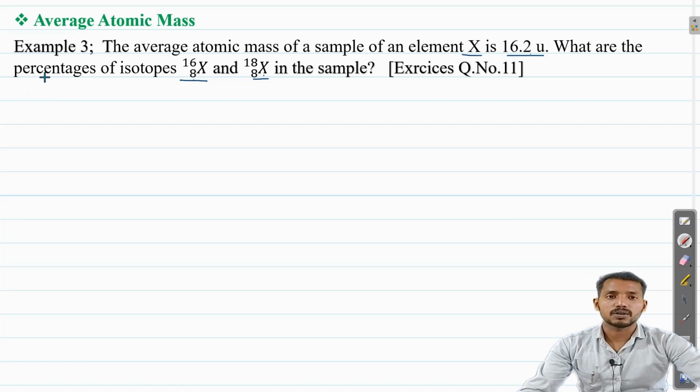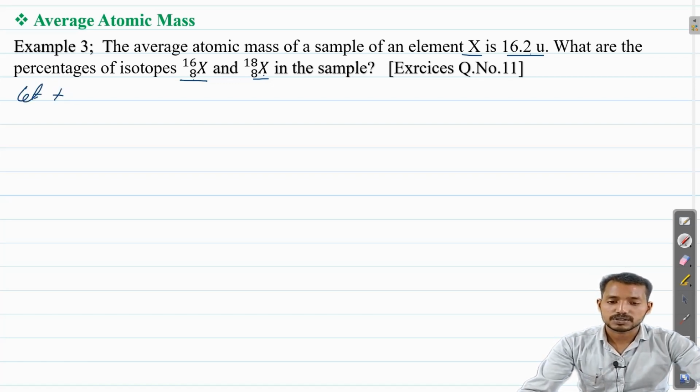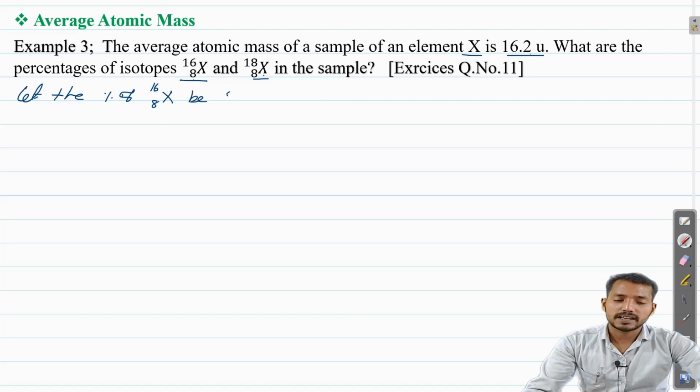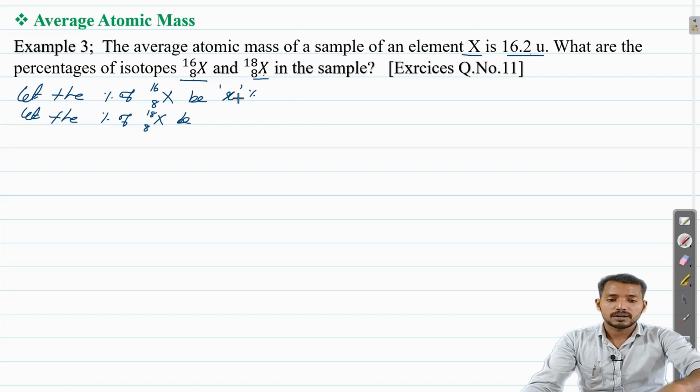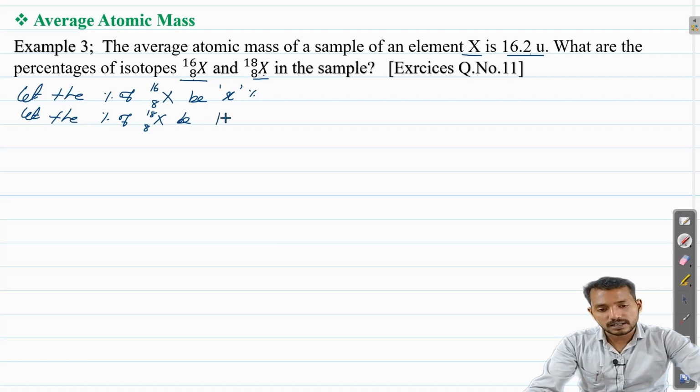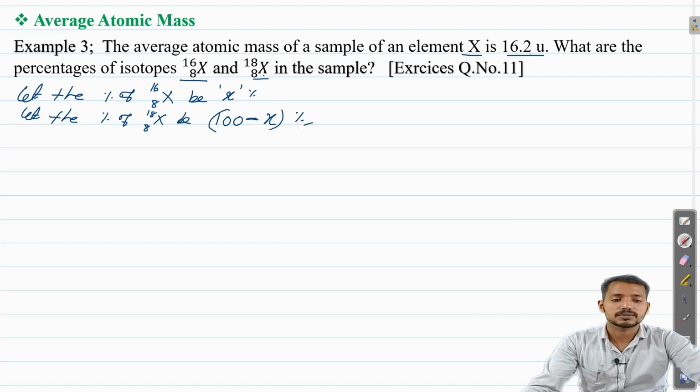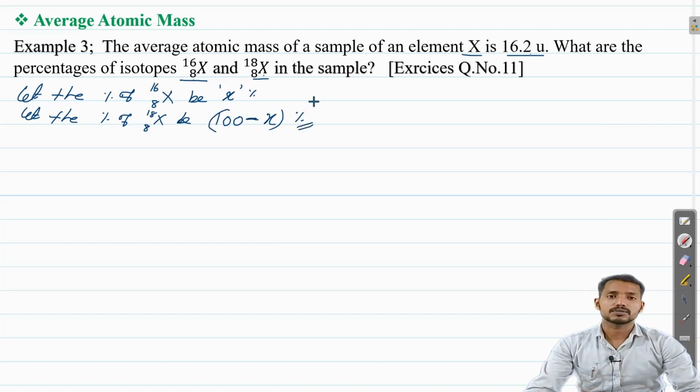So that is the unknown quantity. So let the percentage of X-16 be x percent, small letter x percent. Then let the percentage of X-18 be, what will it be? If the percentage of 16 is x, the percentage of 18 will be 100 minus x, because the maximum percentage is 100, because this sample consists of only these two types of isotope.